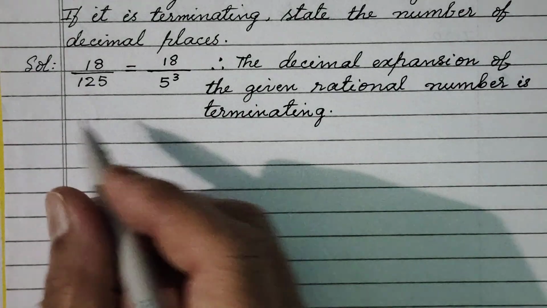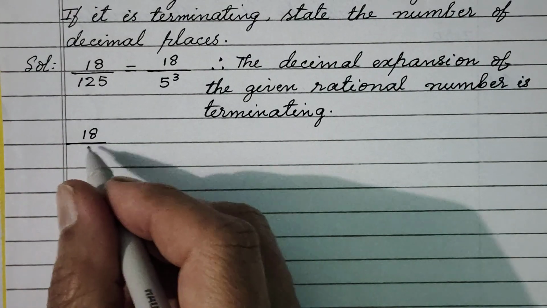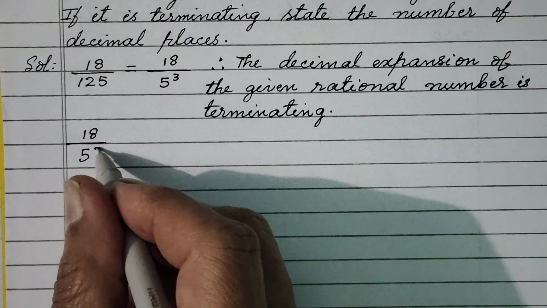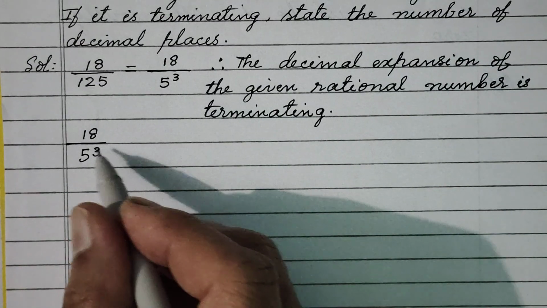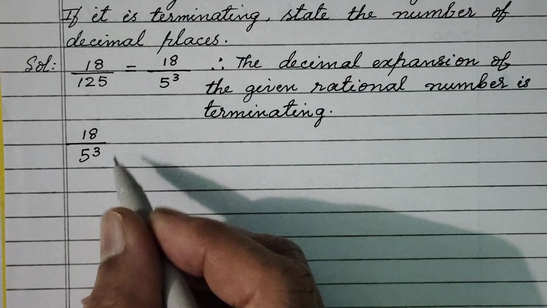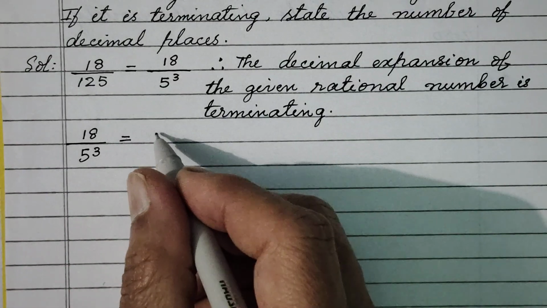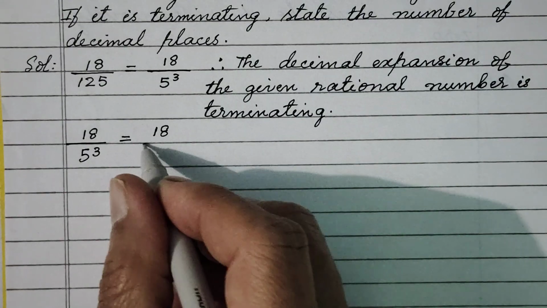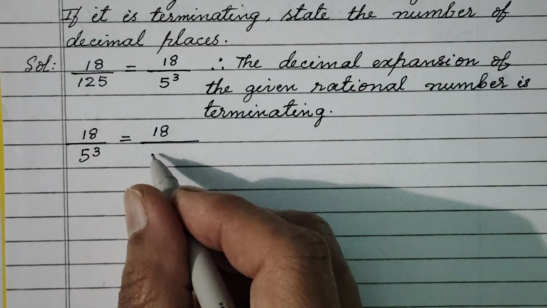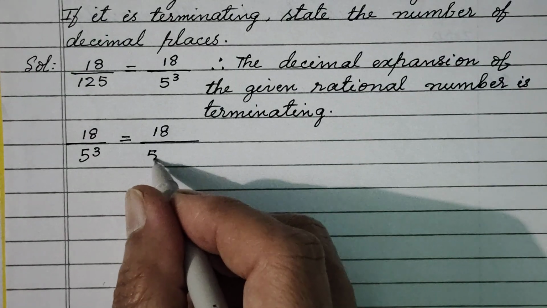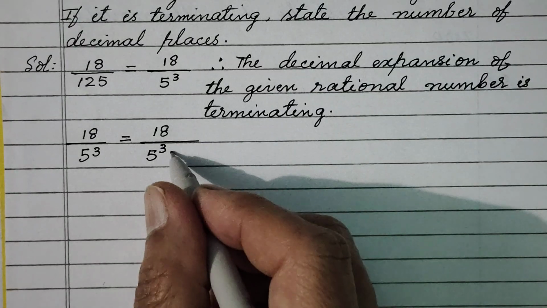So what we will do, 18 by 5 cube, we will convert the denominator into the multiples of 10. Then what we will do, it is 5 cube. So I will multiply the numerator and denominator with 2 cube.